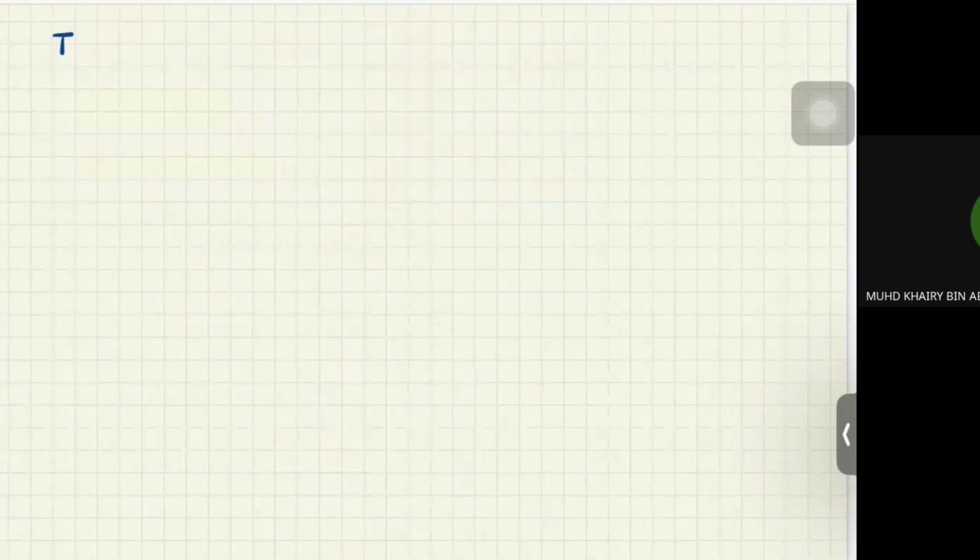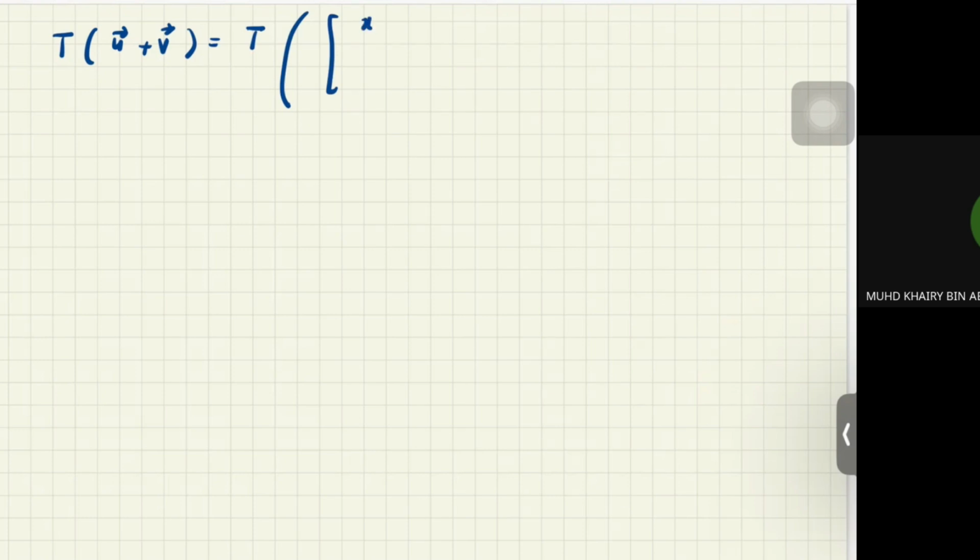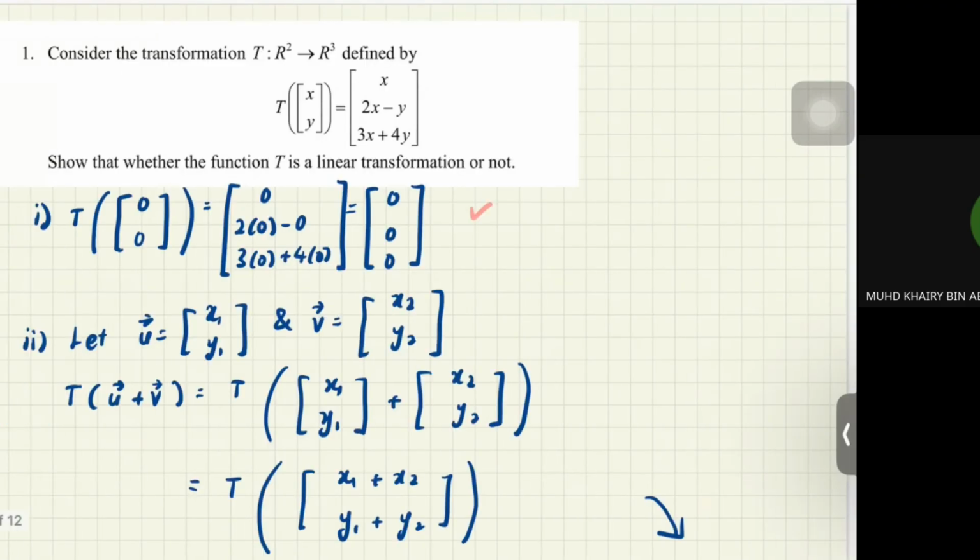So your T(u plus v) is equal to, just now, (x1 plus x2, y1 plus y2), right? So refer to your transformation here. This is your x and this is your y. So now your x is x1 plus x2 and your y is y1 plus y2.